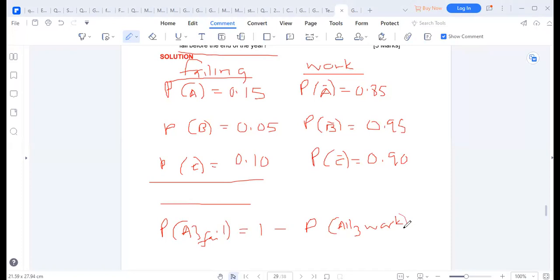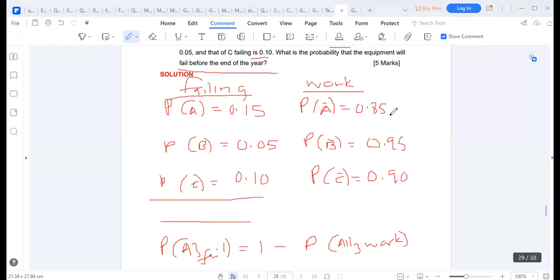So that is the first statement I'm making. All right. So the second statement is to find the probability that all the three will work for independent events. You just multiply them directly. That is why you need to assume that the independence works. So if these are independent, just multiply all the three.